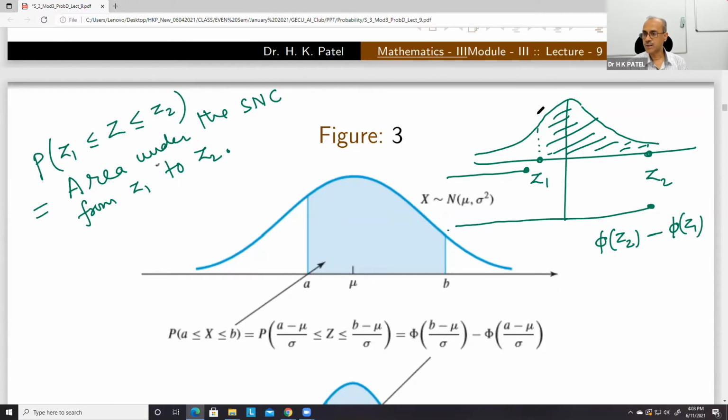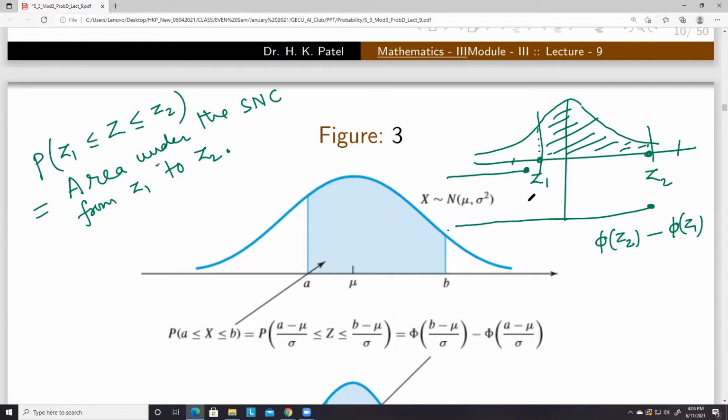For example, if this is the accepted region, Z1, Z2, and my value of the statistic is here or here, then we say that it is rejected, like that. Okay, but something related only, sir. Yeah, thank you, sir.